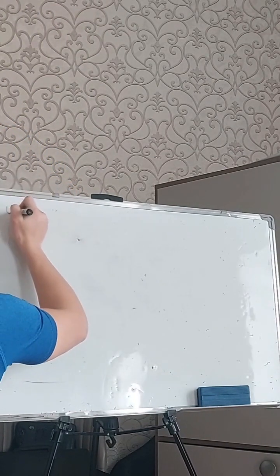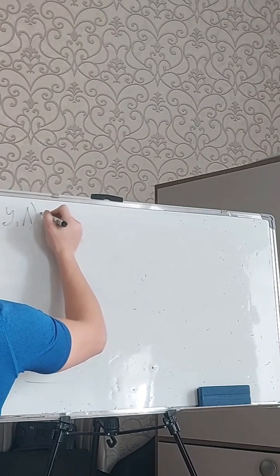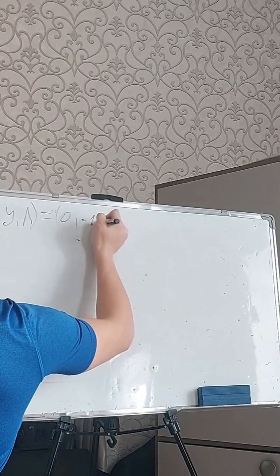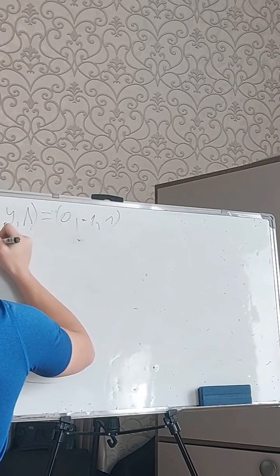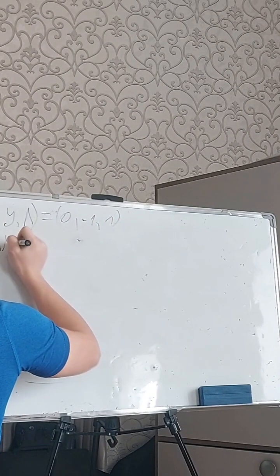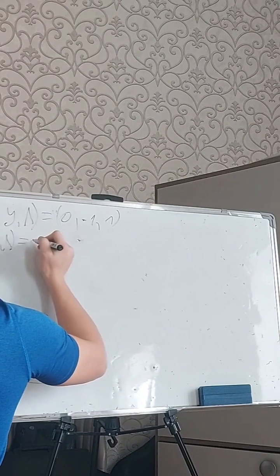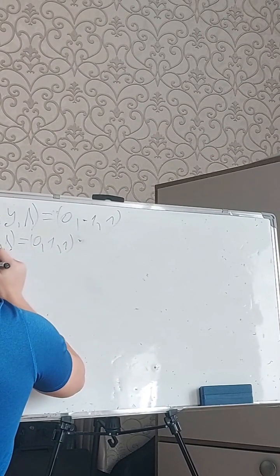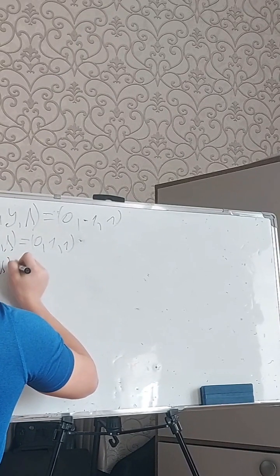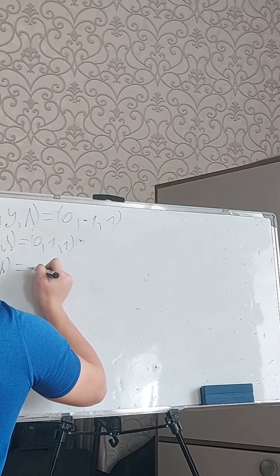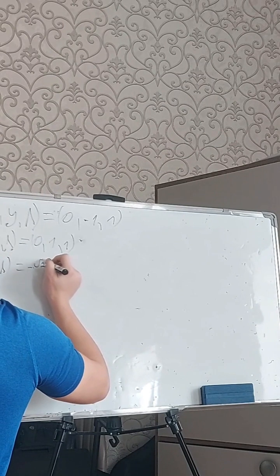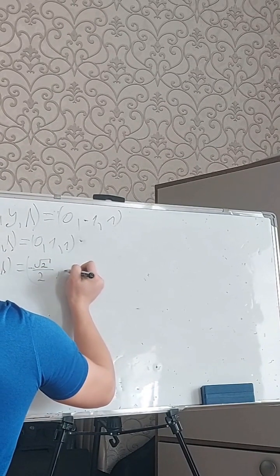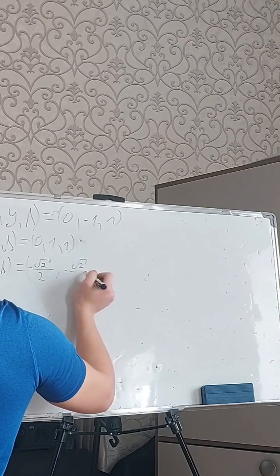x, y, lambda: the first critical point is 0, negative 1, 1. The second is 0, 1, 1. The third is negative square root 2 over 2, negative square root 2 over 2, with lambda equal to 1.